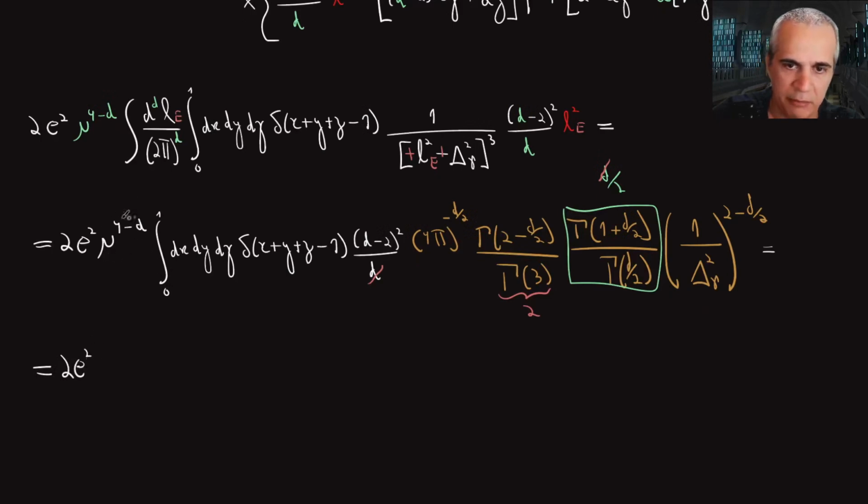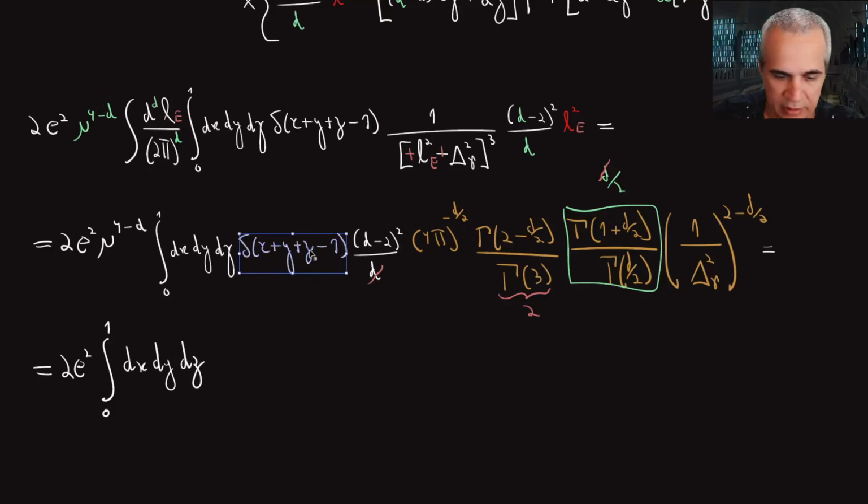2e squared. I'm bringing this all the way next to the other things that depend on d, because then I have to expand near d equals 4, right? Repeat this delta, and then I'm just grouping all these together.